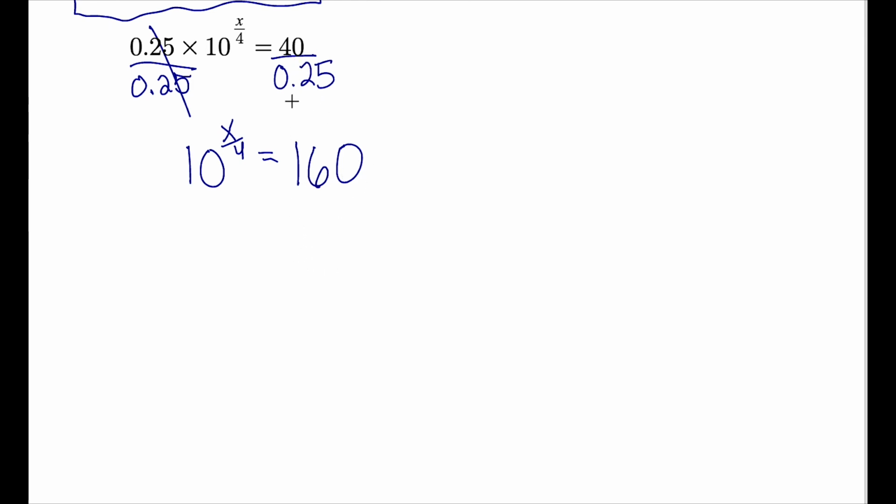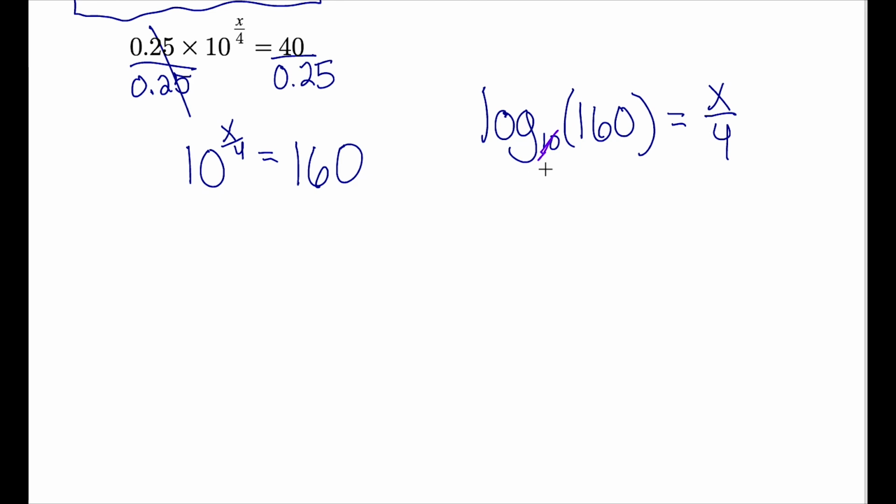The next step is to write it in logarithmic form. Log base 10 of 160 equals x over 4. Remember, if it's base 10, you don't need to deal with that in your calculator or with change of base rules. So log of 160 equals x over 4.